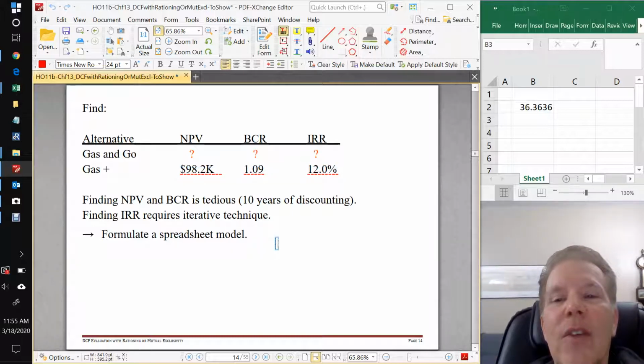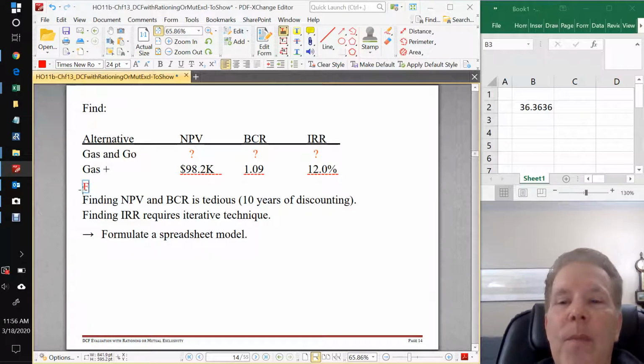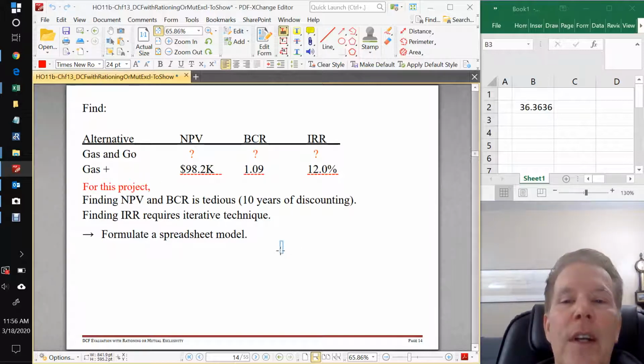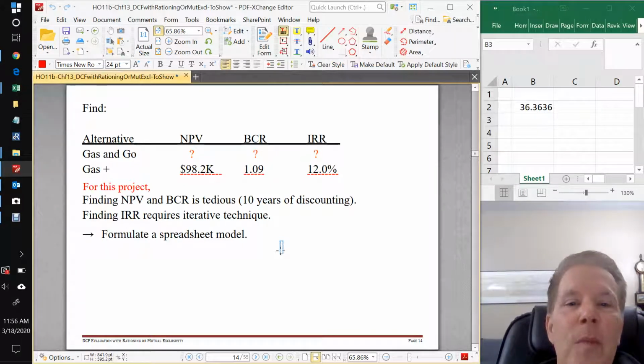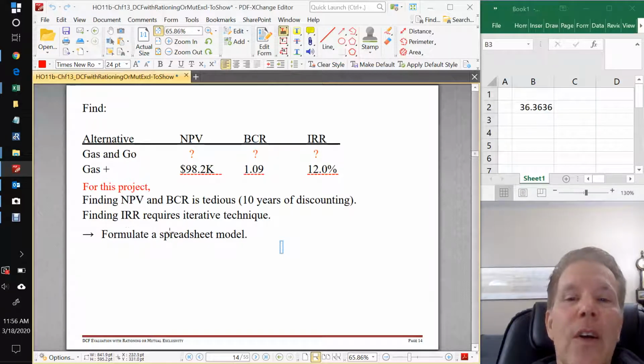But I've got to tell you, for this project, finding the NPV and the BCR is going to be tedious because we have 10 years of discounting, right? So it's just going to be a lot of work on the calculator, a lot of room for mistakes. And also finding the IRR, now we'd have to find the roots of a 10th order polynomial. That's no mean feat.